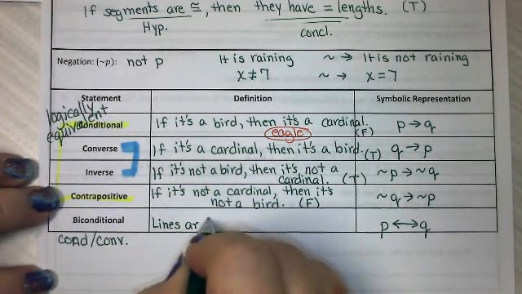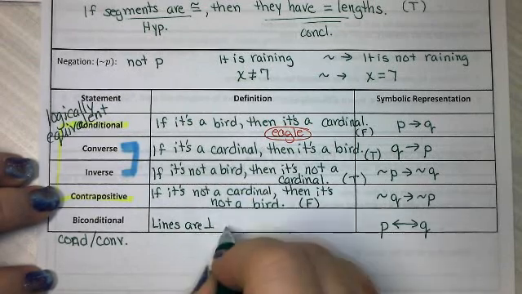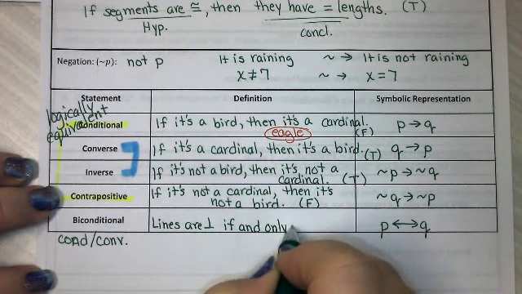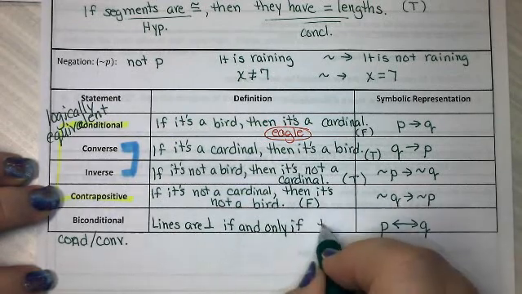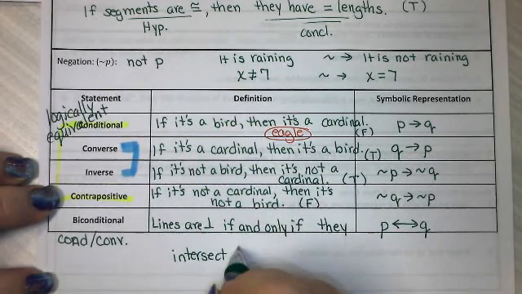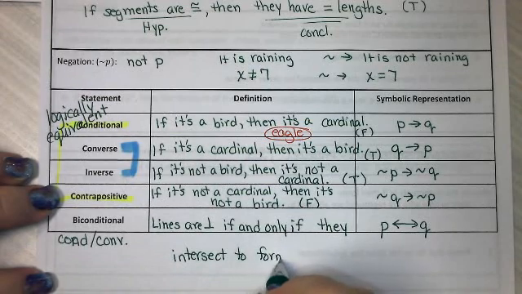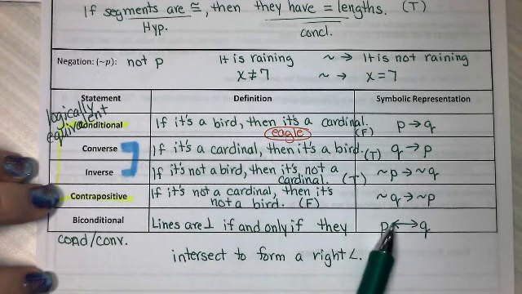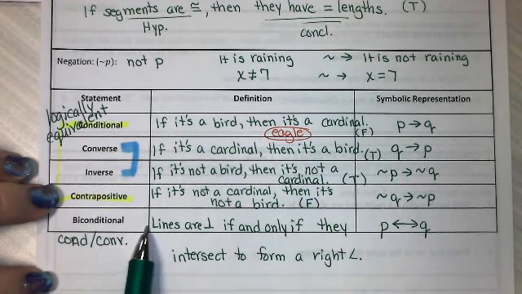Lines are perpendicular if and only if they intersect to form a right angle. So we have our lines are perpendicular, they intersect to form a right angle, and it works forwards and backwards.